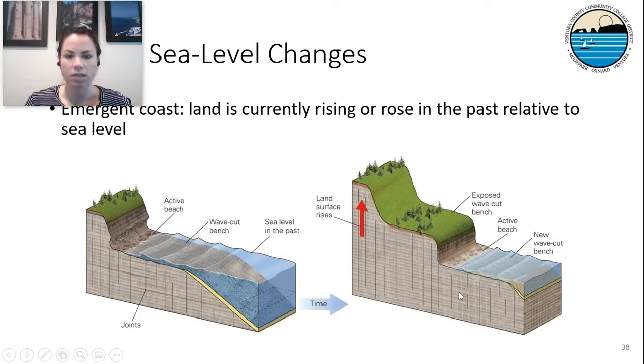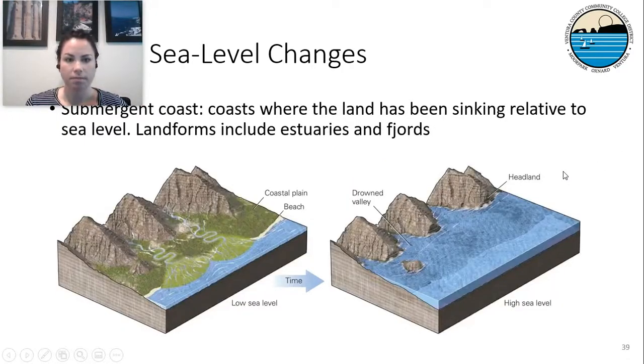What once was a beach with wave cut action here, if sea level falls and we have a rise of the land surface, what once was that exposed bench from the wave cut bench is now totally on the landform. So we see some of these features present day, which help us understand what sea level used to be like in the past.